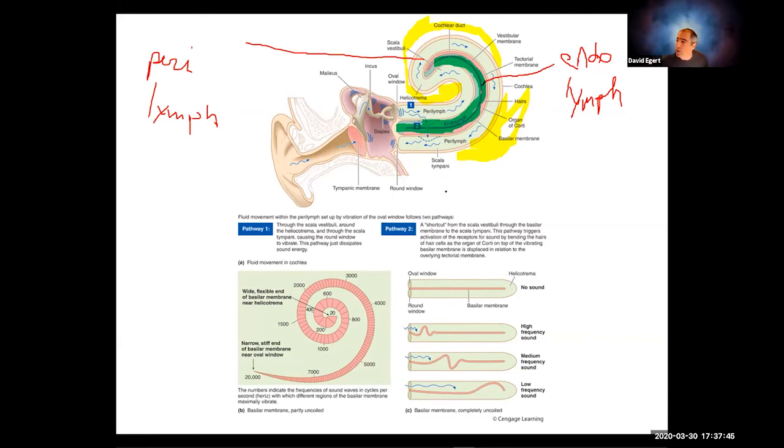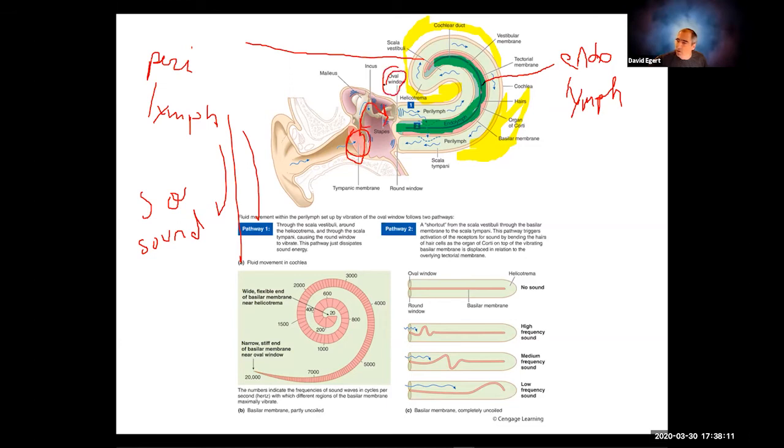Mainly what you want to be aware of here is when you have sound waves coming in, vibrating the eardrum. Eardrum pushes and pulls on the ossicles, these little bones, which vibrates the oval window.